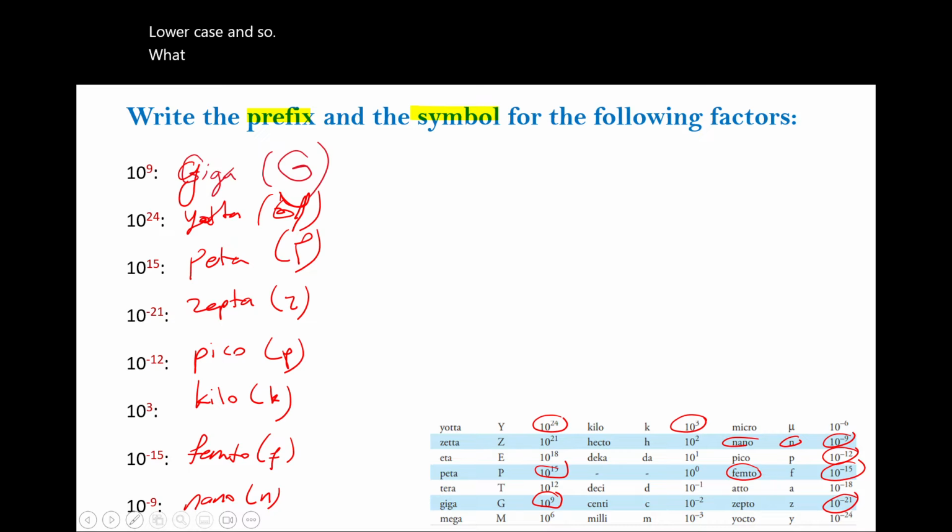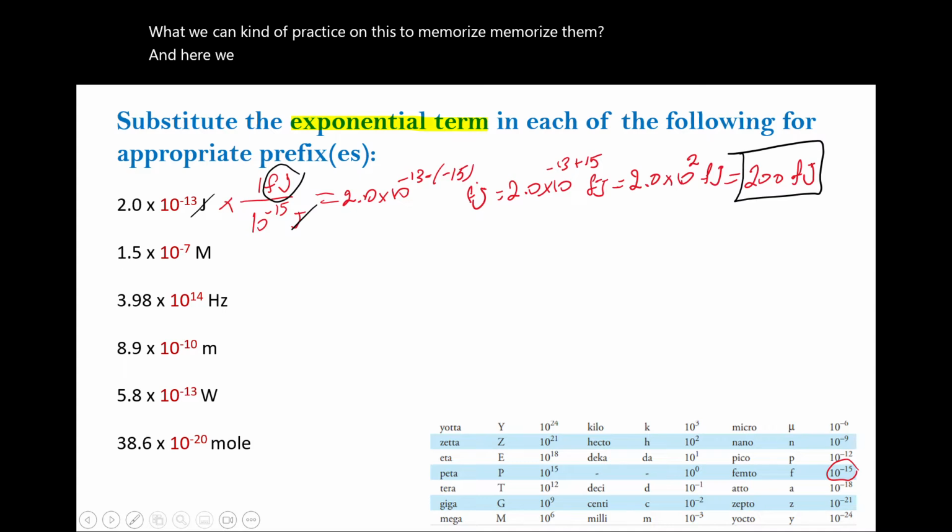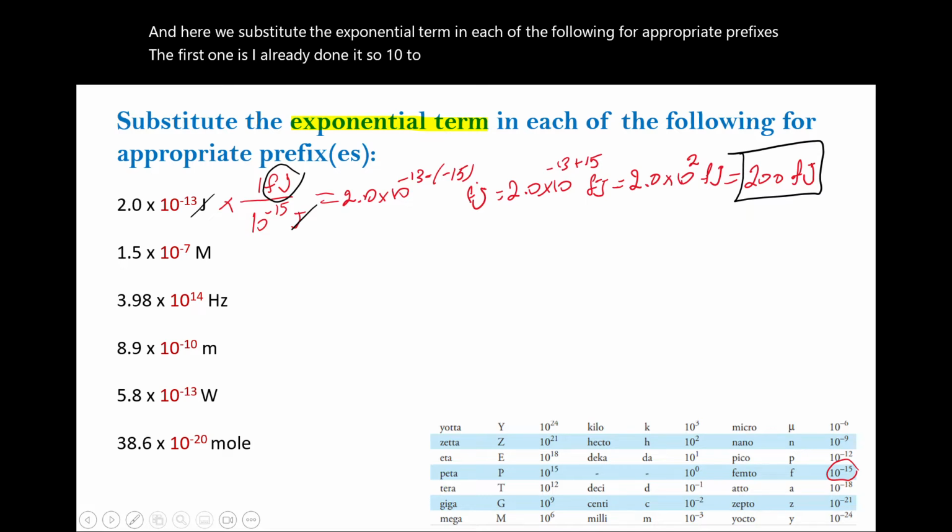We can practice on this to memorize them. And here we substitute the exponential term in each of the following with the appropriate prefix. The first one I already did. So 10 to negative 13 is close to femto.